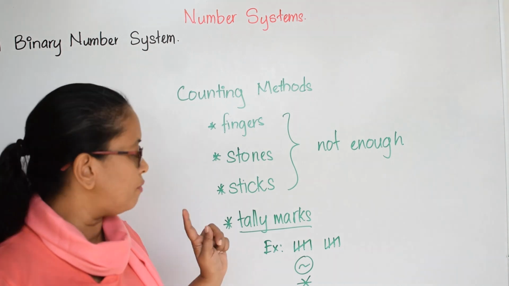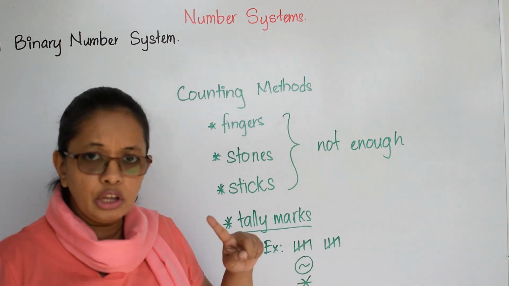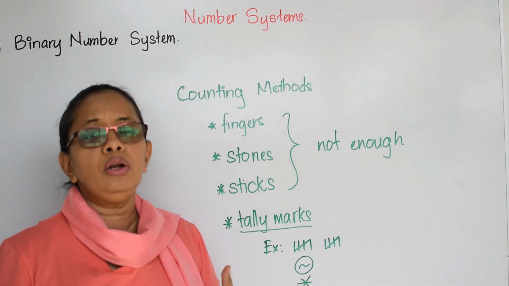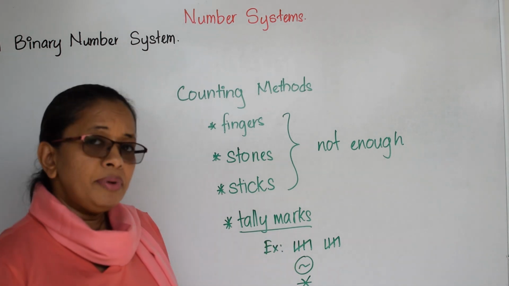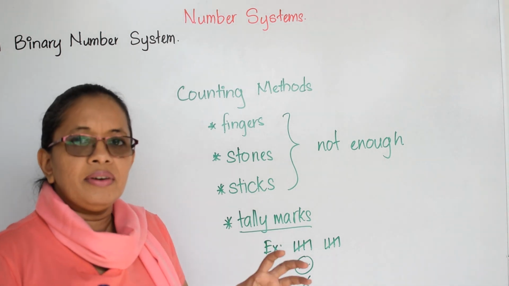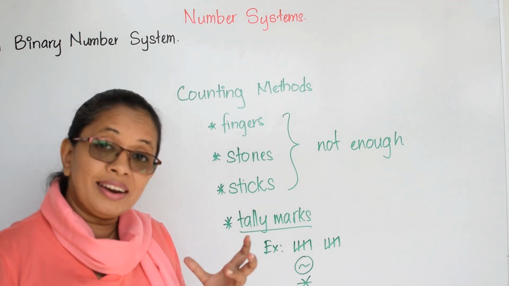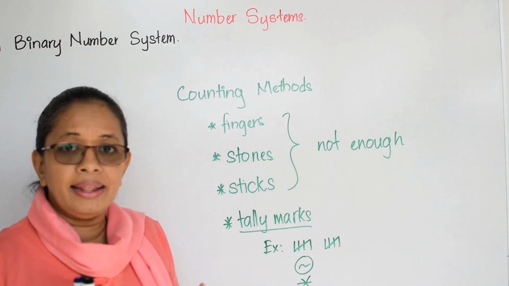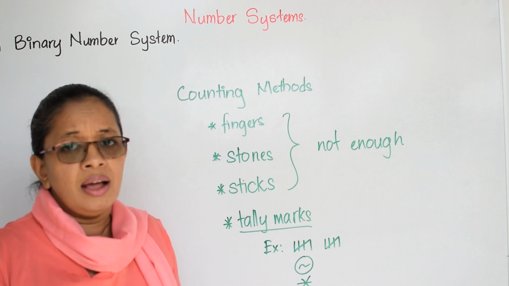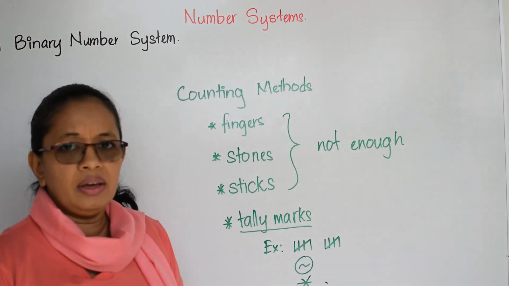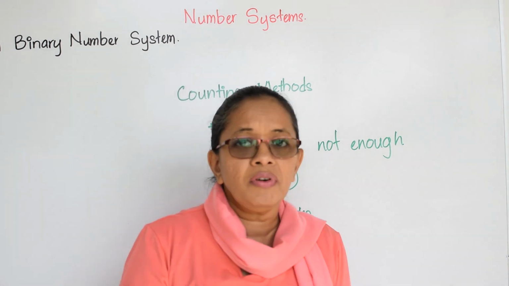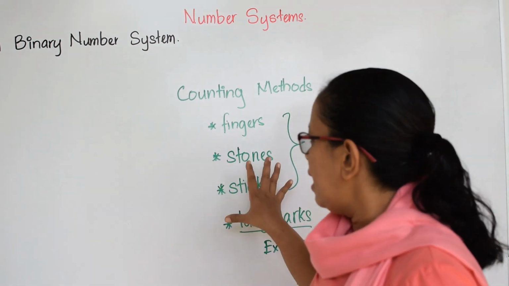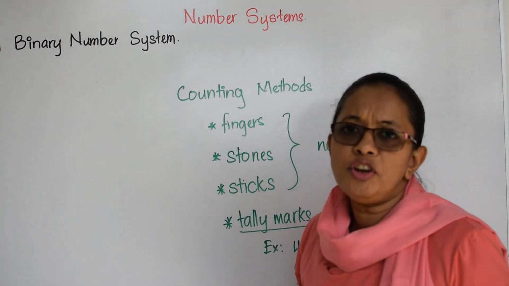At the same time, they were repeatedly using the same symbol over and over again many times. Later on, they even added the repeated symbols together to denote a large number along with the new symbol. Anyway, even after all that, these methods proved to be not enough.